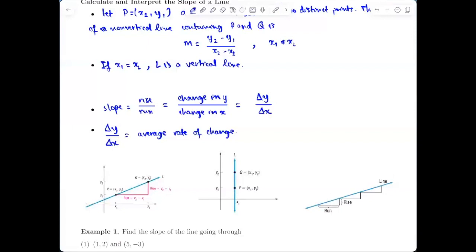Right. So I can ask you, what is your velocity when you drive from home to school? That is, you have the rate of change, or the change in distance over the change in time.